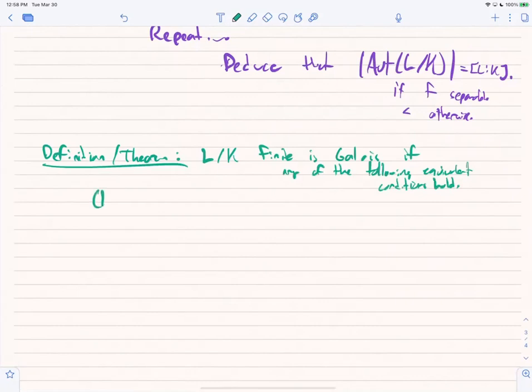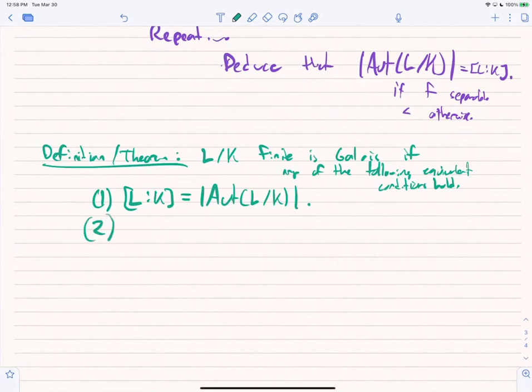Okay, so one is that you have this identity of sides to automorphism groups. Then two is that the only things fixed by the automorphisms Aut L over K are K itself.